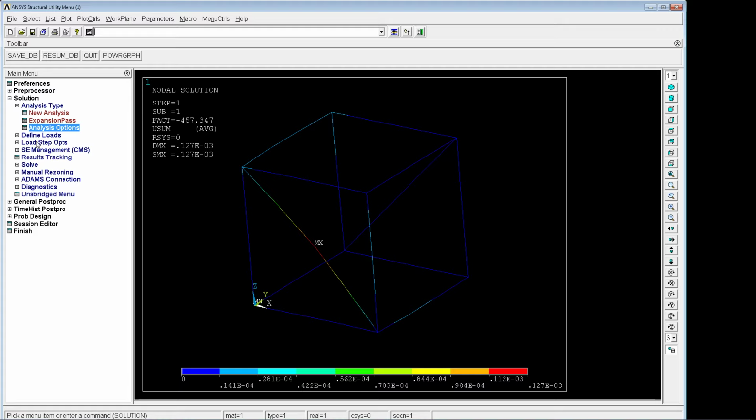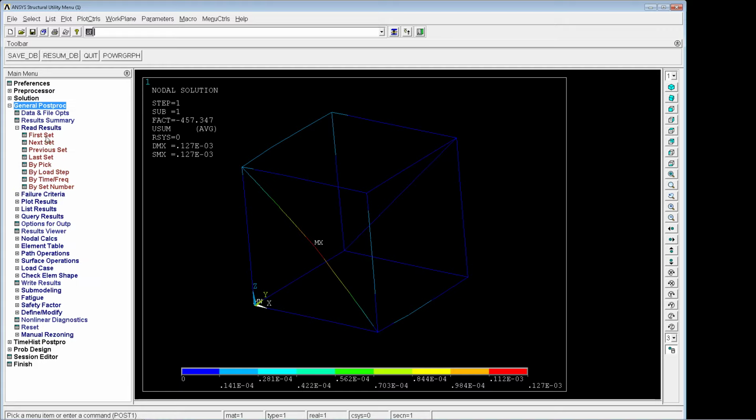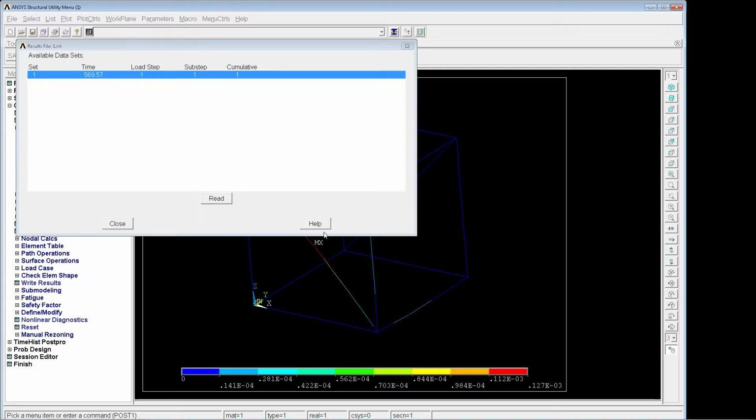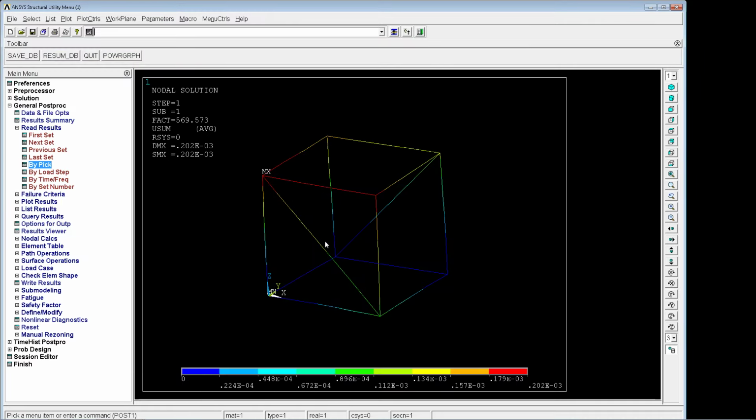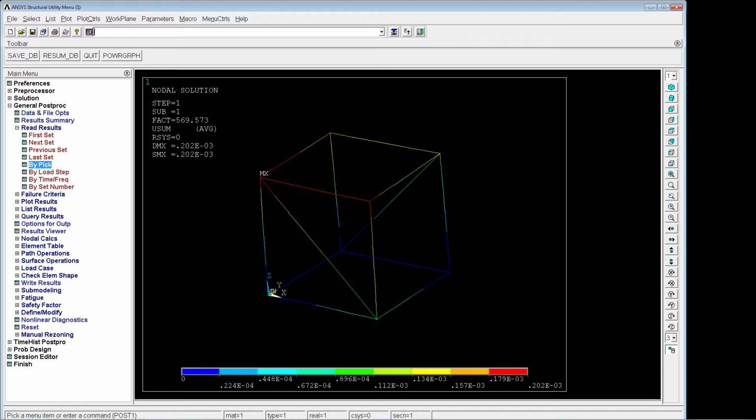So I'm going to go to general postprocessing, by pick, and this 569 is the one that was positive, so that would be that value. We would have compression that would require a smaller coefficient, but it could determine buckling.